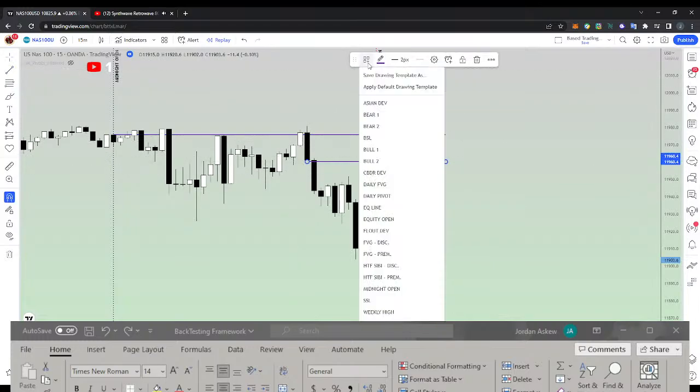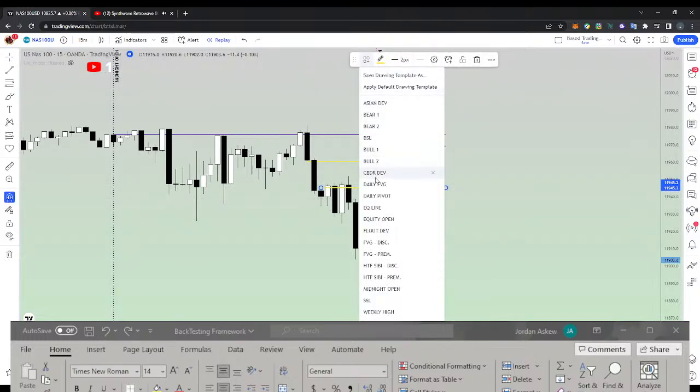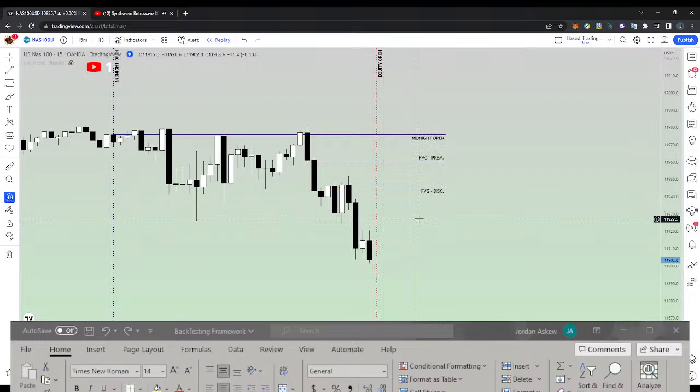And what I have is presets. So I've got all the different arrays, the price action arrays that could be appearing on the chart. I've got those preset already in my drop-down list here. And if you'll notice, it comes pretty close to the consequent encroachment, or the 50% line of this fair value gap.